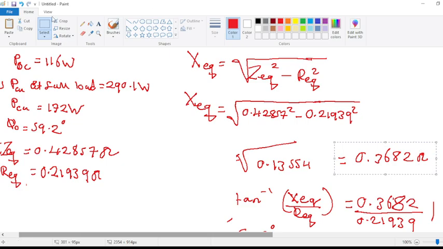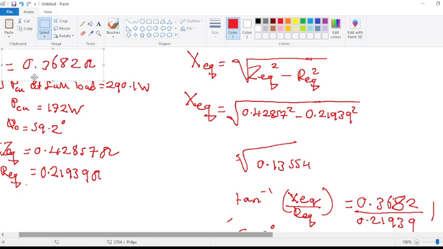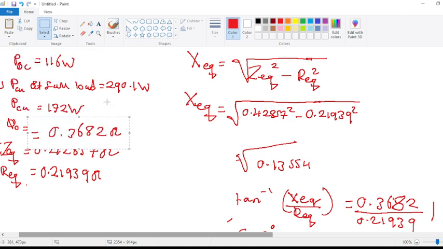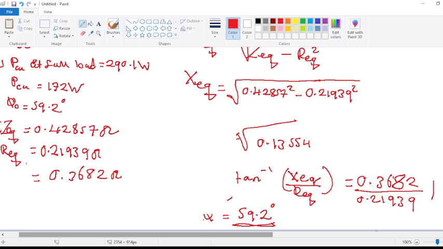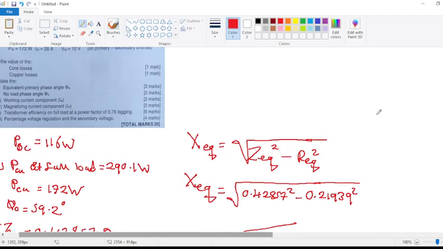We'll also take this because these values we still need them. Down here, this is for the reactance, the equivalent. Okay, so we have this now. Let's try to solve for the no load phase angle.